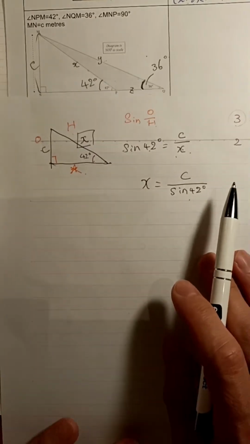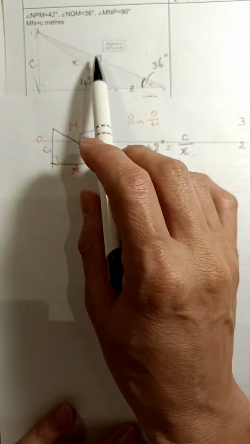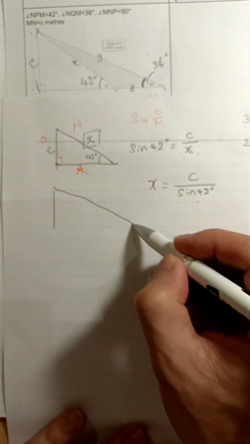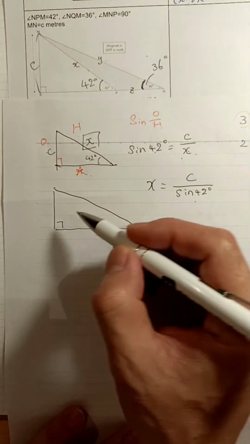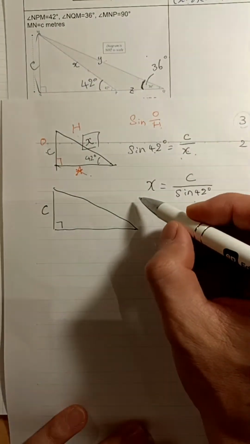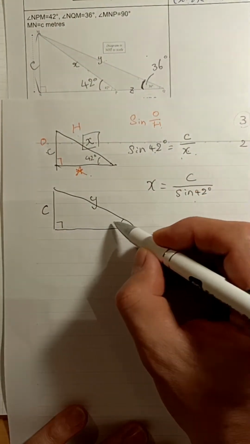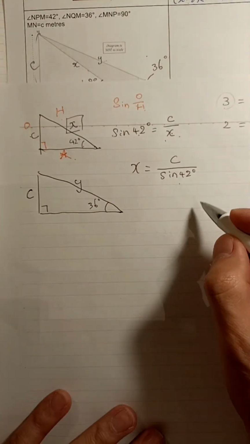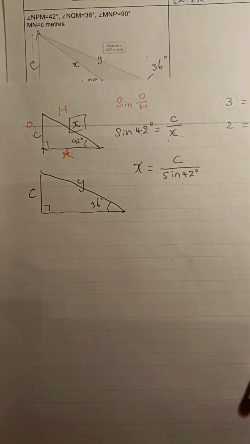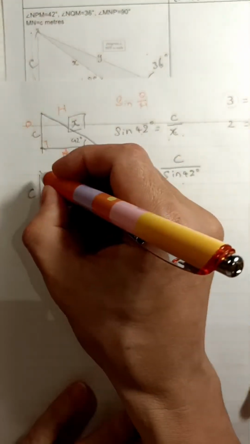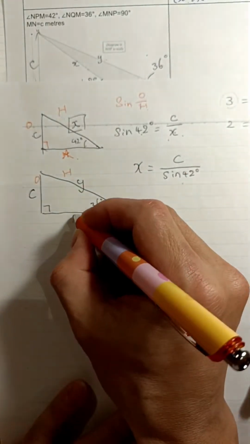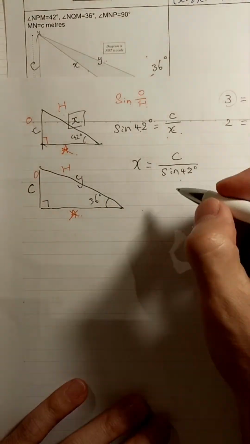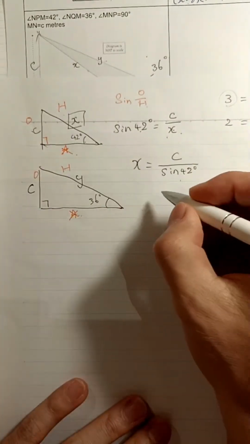Right. We've got to figure out Y here. Next, I just copy this one down here quickly. This is C, and then this is Y, and then this is 36 degrees. Then what you do is the same again: label the sides, O, H, A, cross out A. Then SOHCAHTOA, we are using sine.